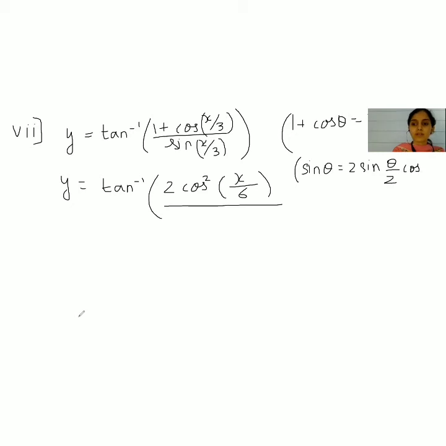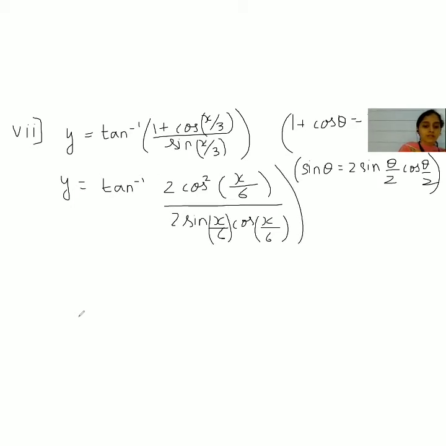This is half angle, right? So can we use this for this? Yes. So we'll write this as 2 sin x by 6 cos x by 6, right? Yes. Now 2 cancels out, cos cancels out. So we are left with y is equal to tan inverse of cos x by 6 upon sin x by 6, which can be written as cot of x by 6.